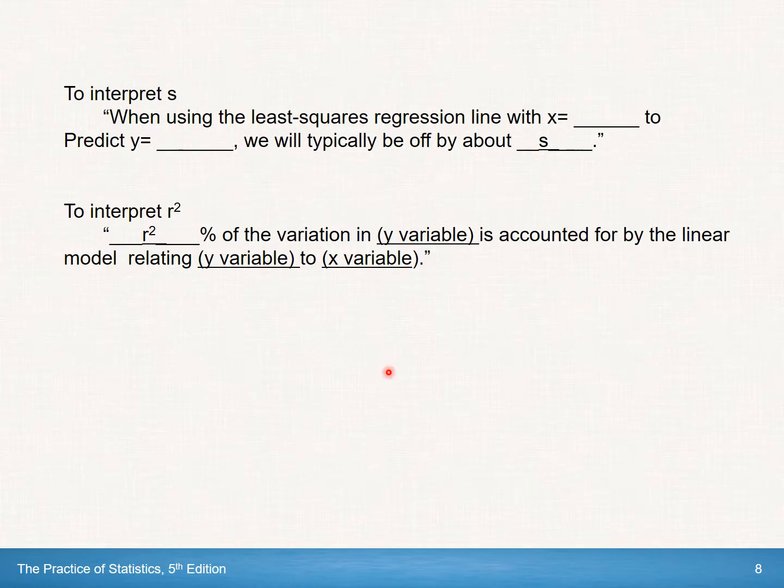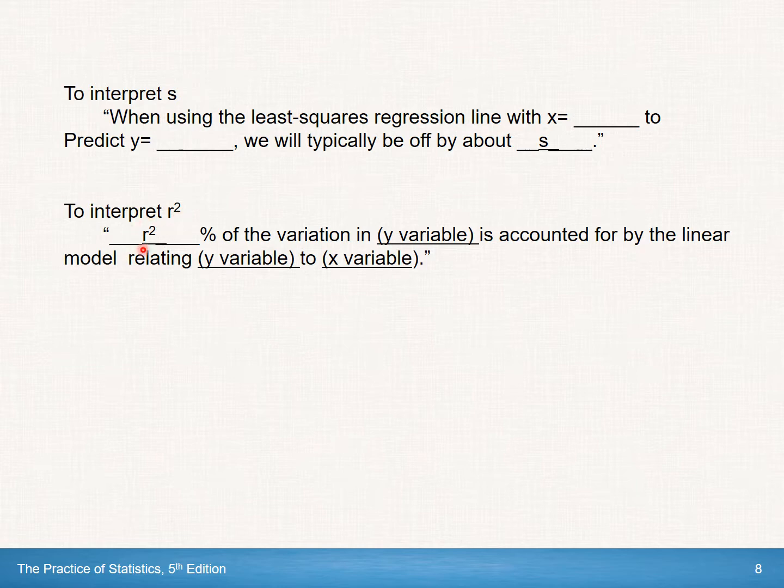When I ask you to interpret S, you're going to say, when using the least squares regression line with x equals blank, you're going to fill in the blank with whatever x is, to predict y, fill in the blank with whatever y stands for, we will typically be off by about S, whatever the standard deviation is.